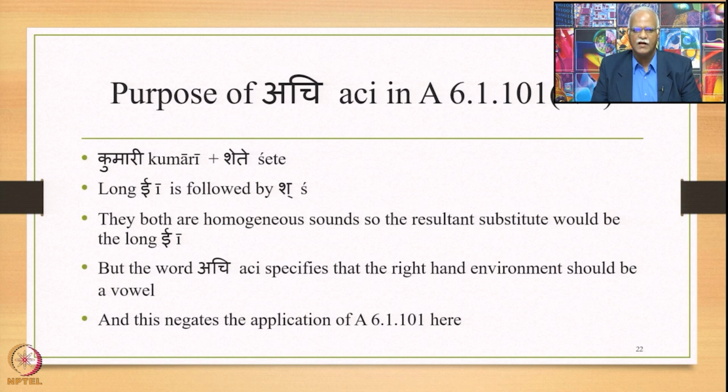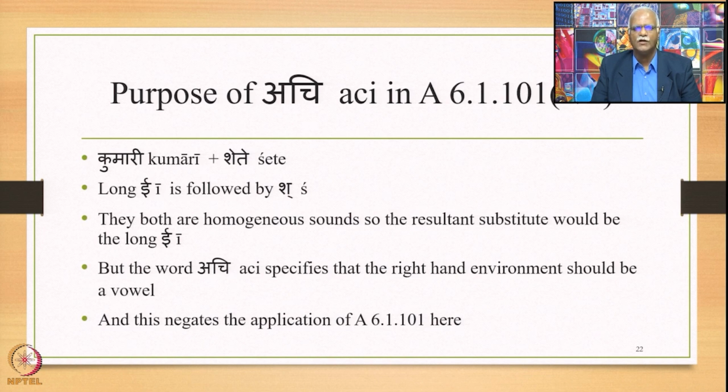So, if they are savarnas and if we do not have the word aci in this sutra, then in place of i and sh, because they are homogeneous sounds, savarna sounds, the resultant substitute would be the dirgha, that is long i, and that would generate an undesired, unspoken form.